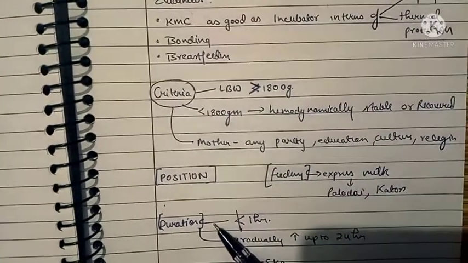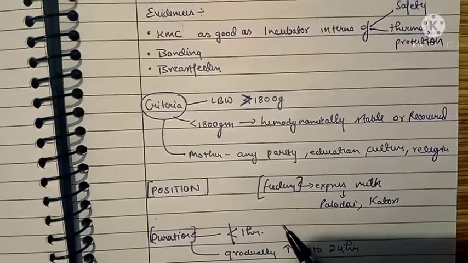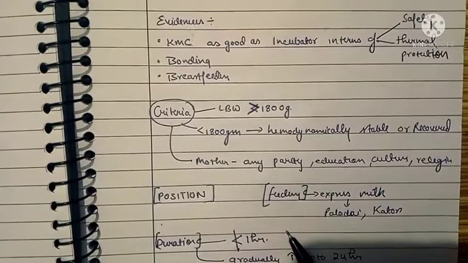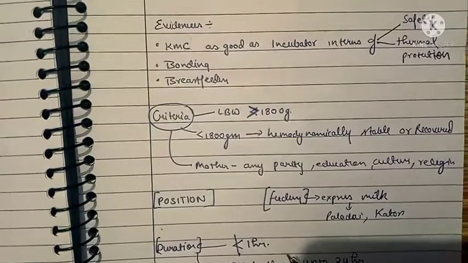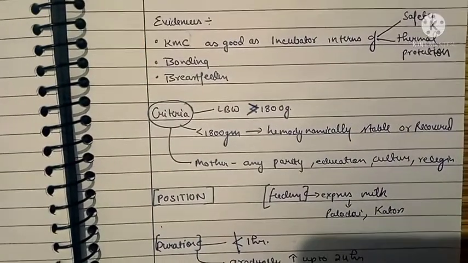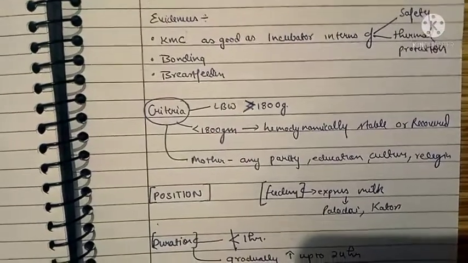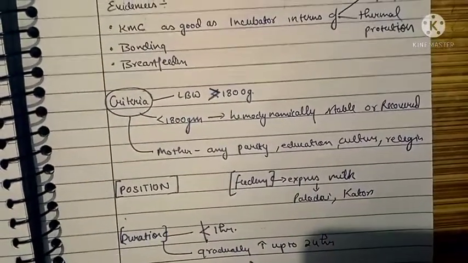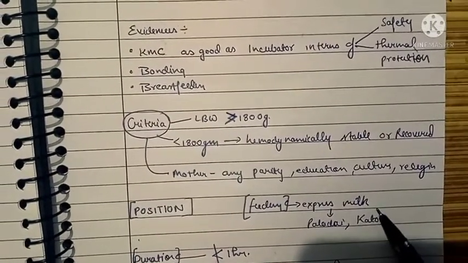The duration of KMC, mind you, can never be less than 1 hour, because if such short durations of KMC are included, there is massive handling of the baby within 1 hour. So this will expose the baby to hypothermia. So we never try to give KMC for less than 1 hour. We gradually increase the duration of KMC and we can prolong it up to 24 hours in a day.